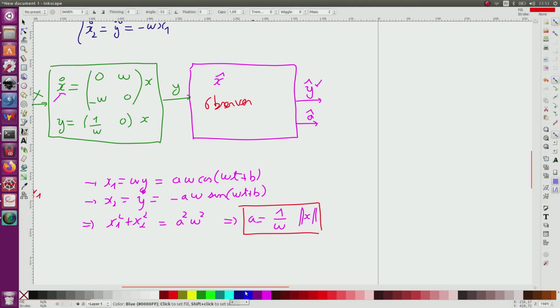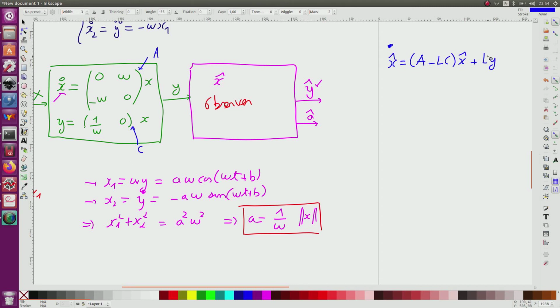So the Luenberger observer has the form x hat dot equal to A minus LC x hat plus Ly. Okay, where A corresponds to this matrix and C corresponds to this matrix.